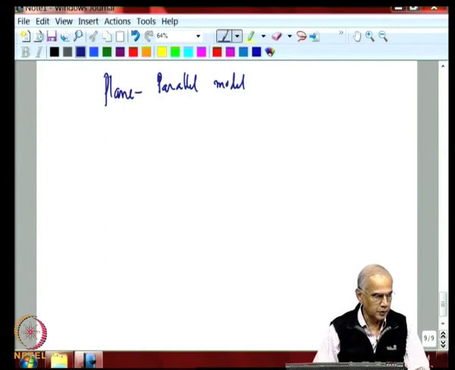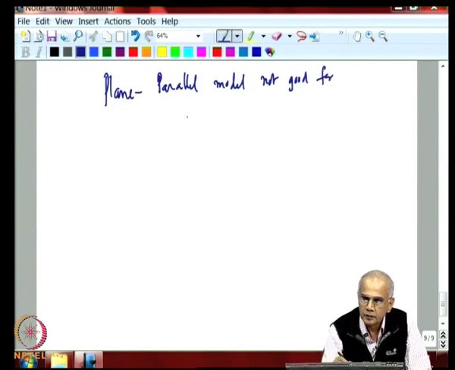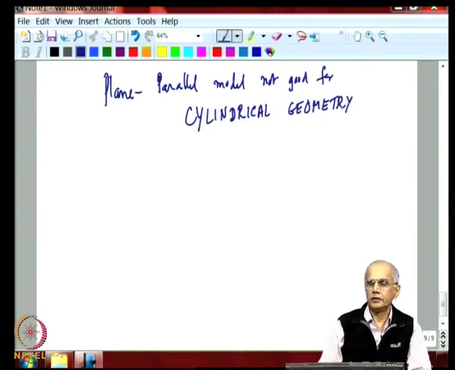In the real world, we also deal with cylindrical geometry. And cylindrical geometry is encountered frequently in engineering, especially when you deal with internal combustion engines, where a huge amount of heat is released and there is a lot of radiation heat transfer.